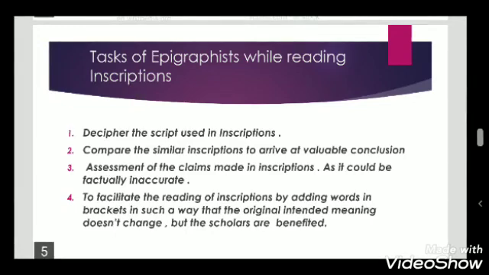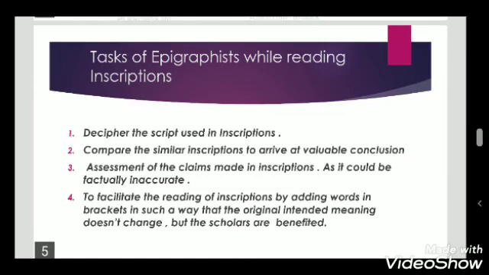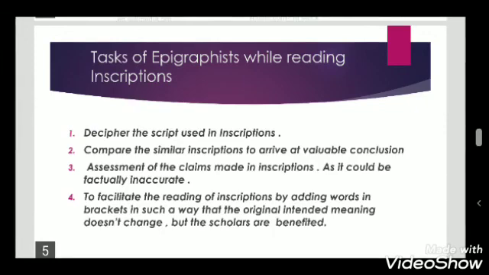So the second task in front of an epigraphist is to separate the facts from fiction. Okay, so they have to see whatever claim has been made by the king in the inscription, whether it is true or a possible exaggeration. So the epigraphists are assessing the factual accuracy of the inscription.